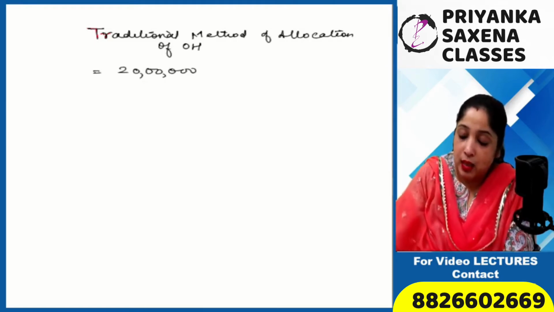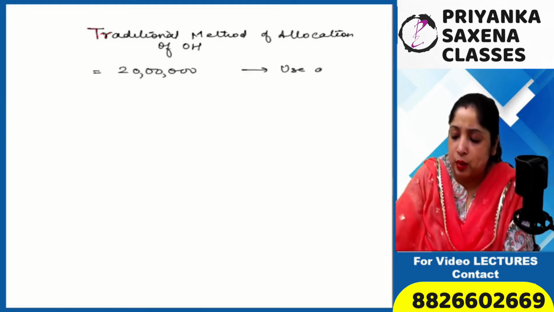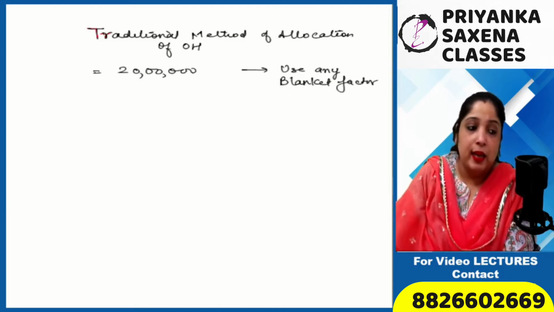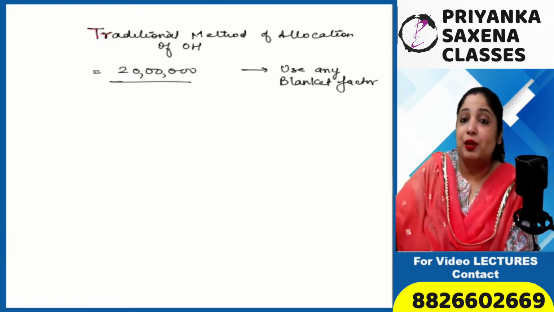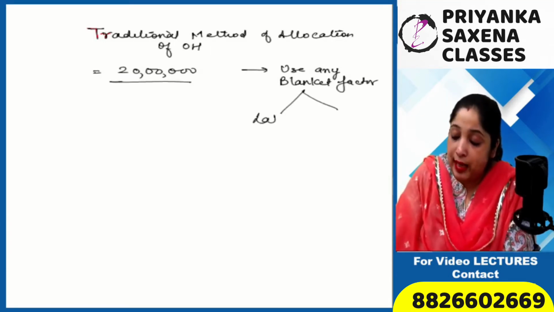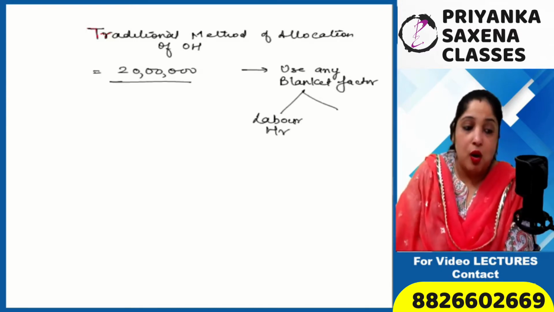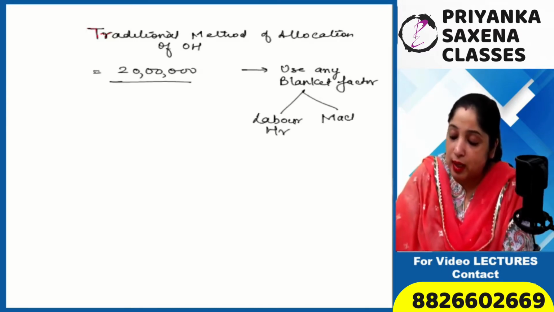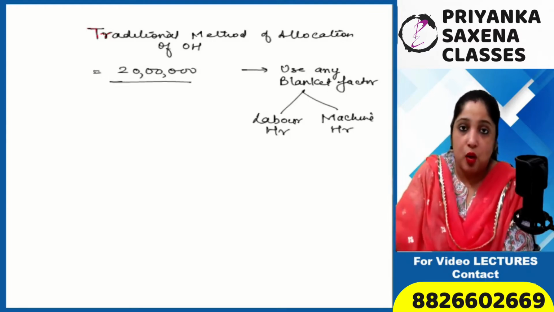This cost is incurred, use any blanket rate, blanket rate means blanket factor, I can say. Basically we need to give a reason why this cost is incurred. Give any reason. Normally the reasons used to be that labor is working, so that is why this cost is incurred, or machine is working, that is why this cost is incurred.